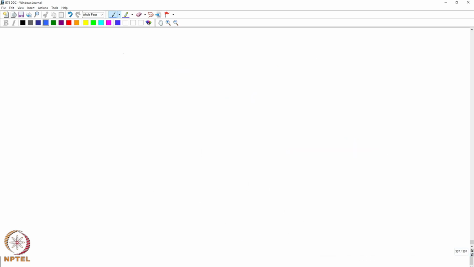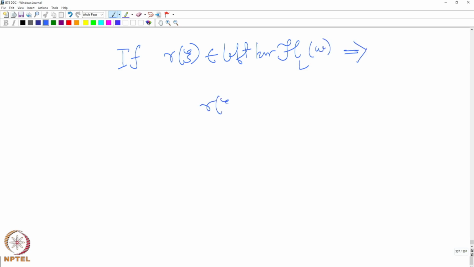In other words, if R\xi belongs to the left kernel of H_L^w, that would imply R\xi is in B_L^\perp as well under the persistency of excitation condition.